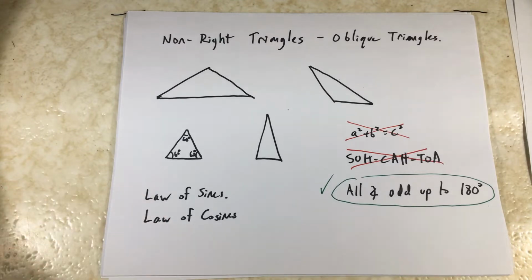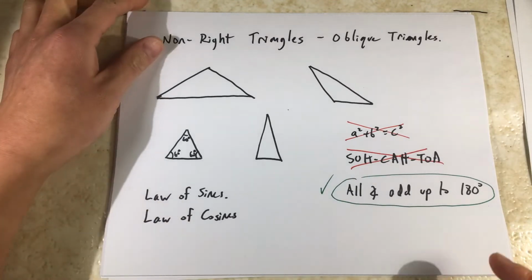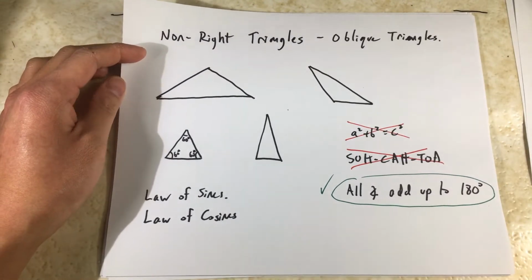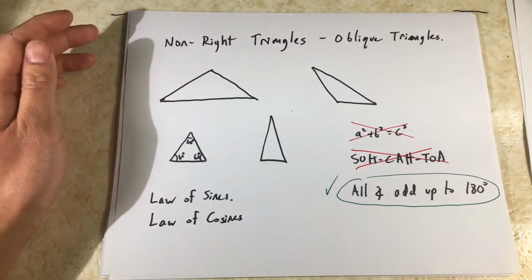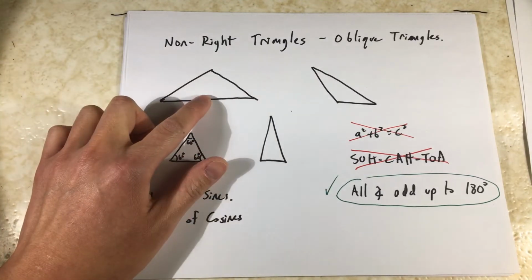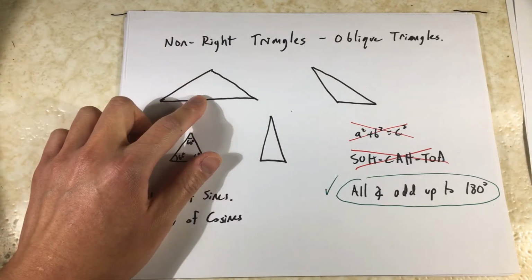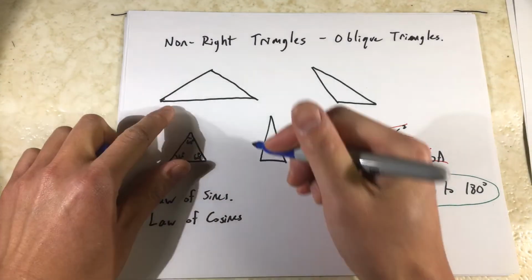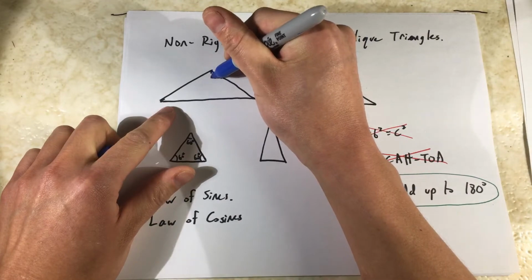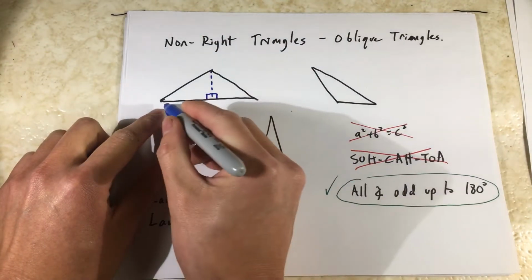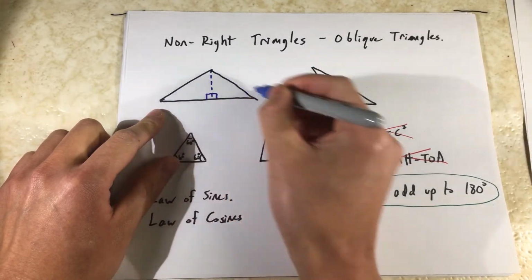In general, when you get onto this a little bit later, there are a lot of cases where you can turn an oblique triangle into a right triangle or two right triangles. For example, a classic thing to do is to take one of these oblique triangles and split it so that you get two right triangles, one on this side and one on this side.